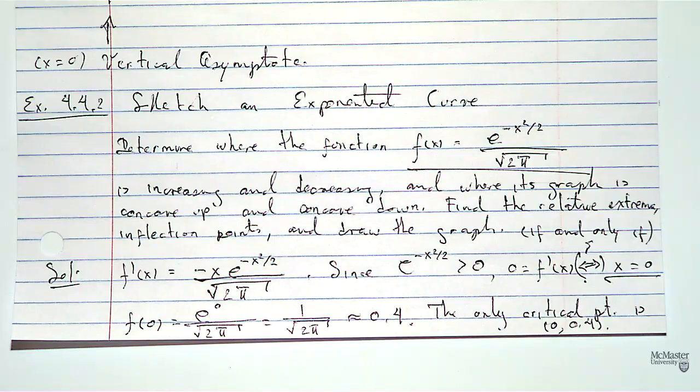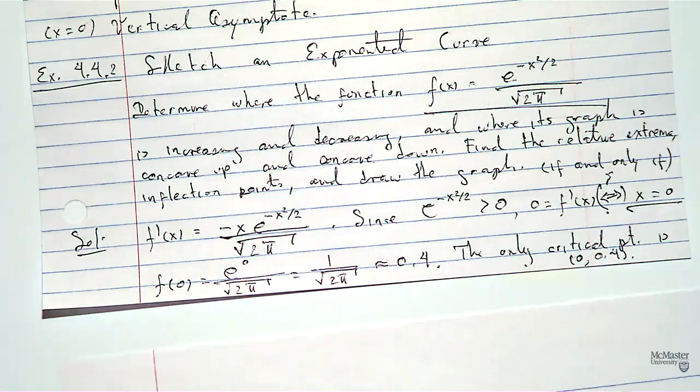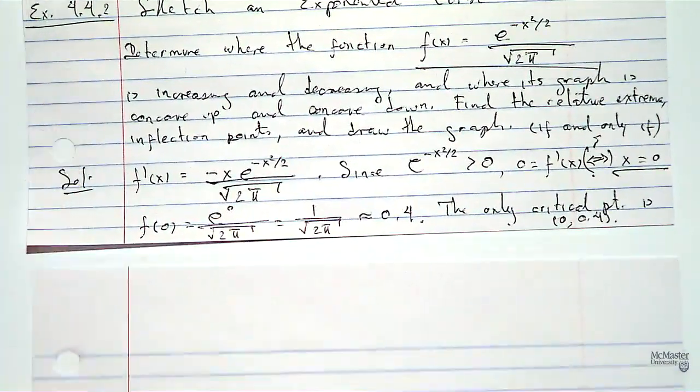What would be the next step, actually, given that we did a similar approach in the previous exercise? What should I do now? Sure, that's true. That's an important step. I also have to analyze the signs of f prime, right? To find the regions where it is increasing or decreasing. We will do that.